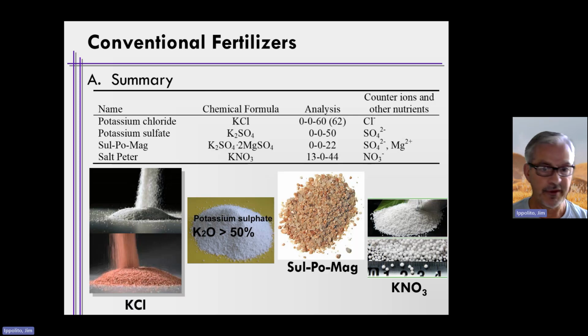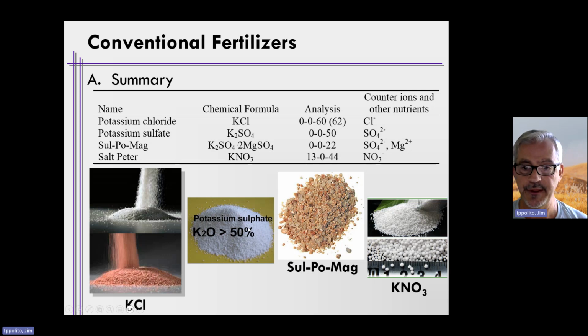In your notes, there's a summary. I'm not expecting you to remember any of these, but I like sharing the pictures with you so you can see what these look like. So potassium chloride is here on the left-hand side. Depending on the color that's present, the impurities give it these different colors. Here's potassium sulfate, which tends to be white.